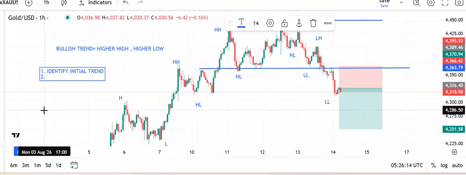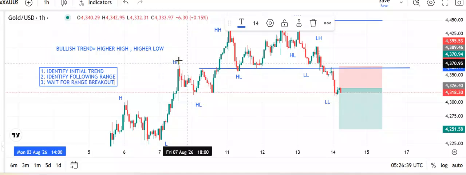Second thing, identify following range. Okay. Then the third thing, wait for range breakout. Okay.